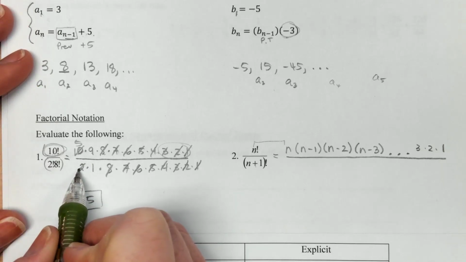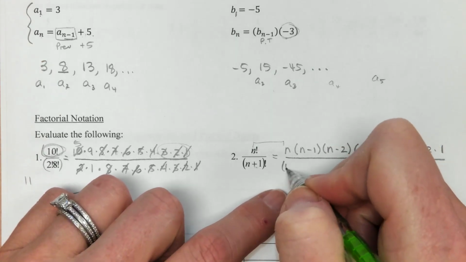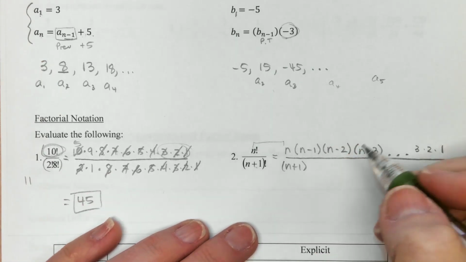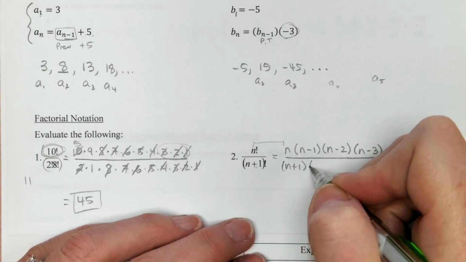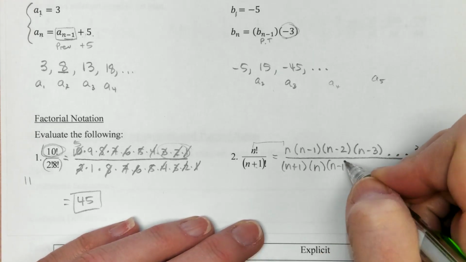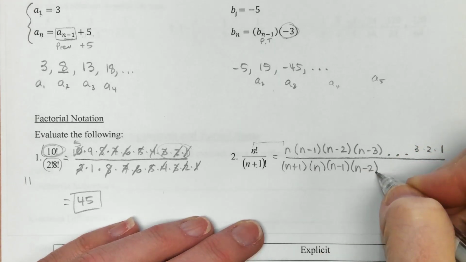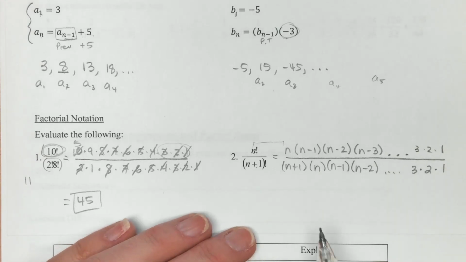Then our n plus 1 would actually just be 11. It would just be 1 more. So we're still going to start with that. That's your beginning factorial. And then you're going to go down 1. So if you were at n plus 1, you would just be at n. And then you would be at n minus 1. And then 1 less than that. And then all the way until you get to 3 and 2 and 1.